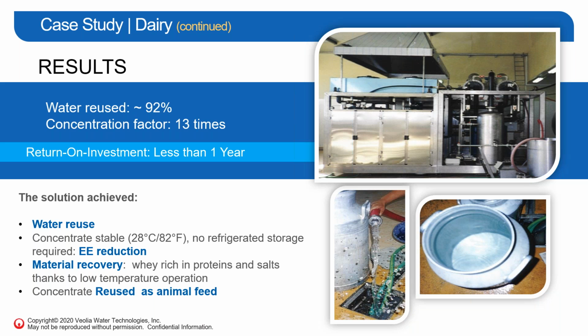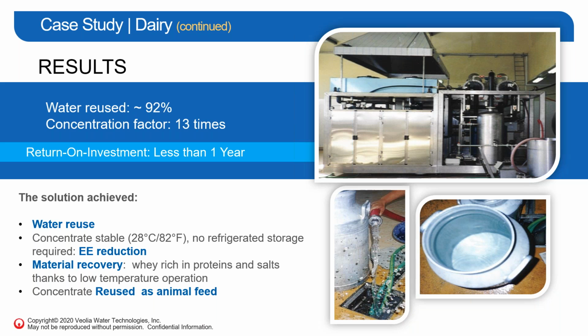As you can see, the water that we produce is clear water, and we have both advantages. First of all, water reuse, and second, the sale of the bioproduct. The return of investment in this case was very small, less than 1 year.